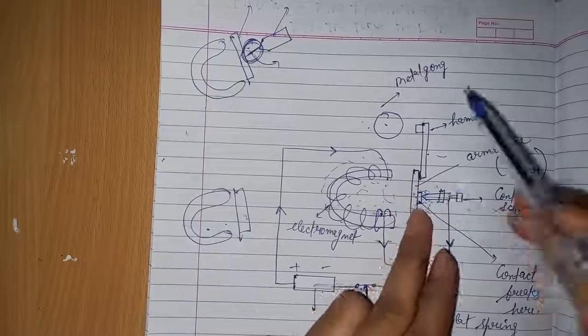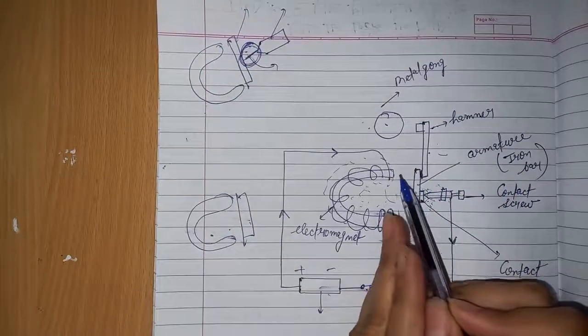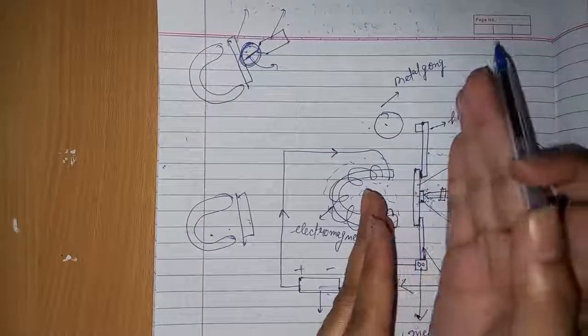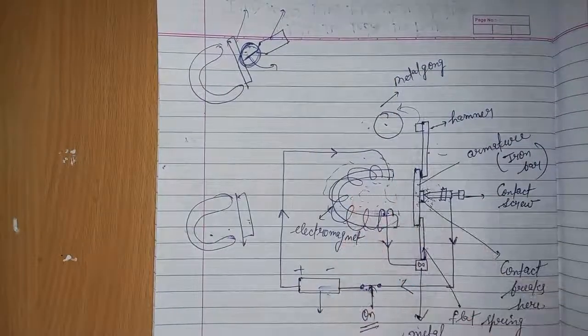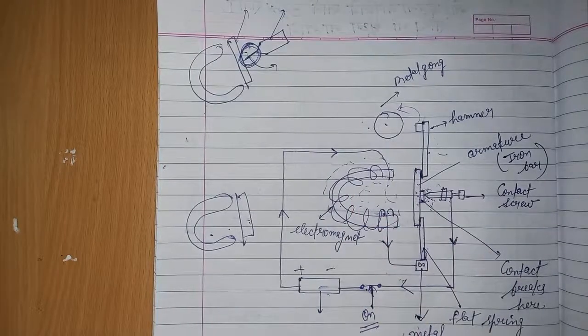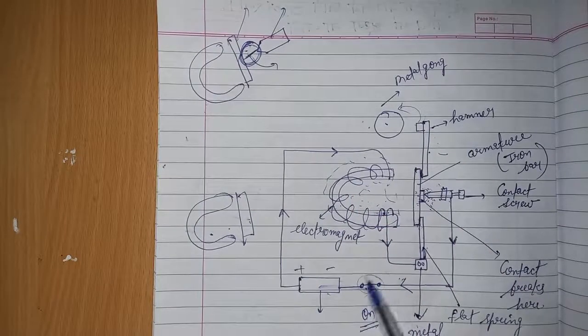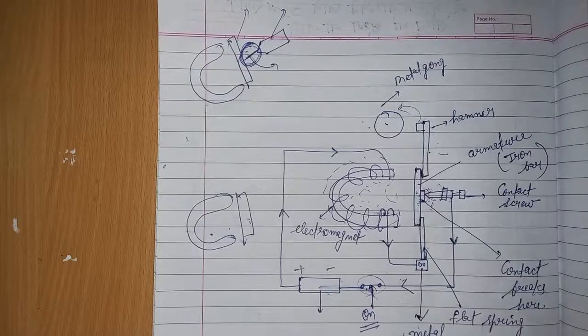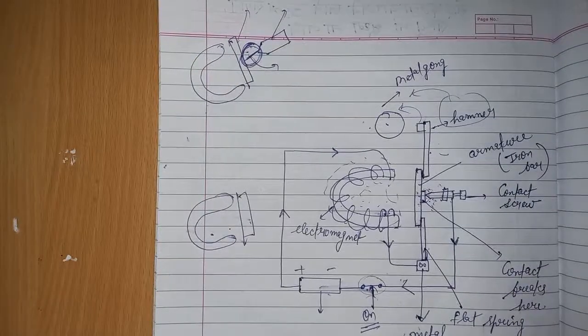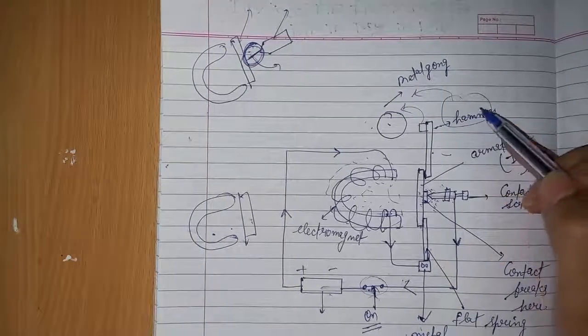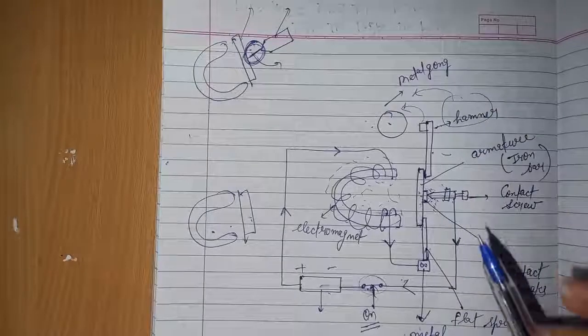So once we press the switch, this process of the circuit becoming complete and incomplete goes on again and again continuously, and the hammer strikes the metal gong, and a continuous sound is produced because of the striking of the hammer on the metal gong.